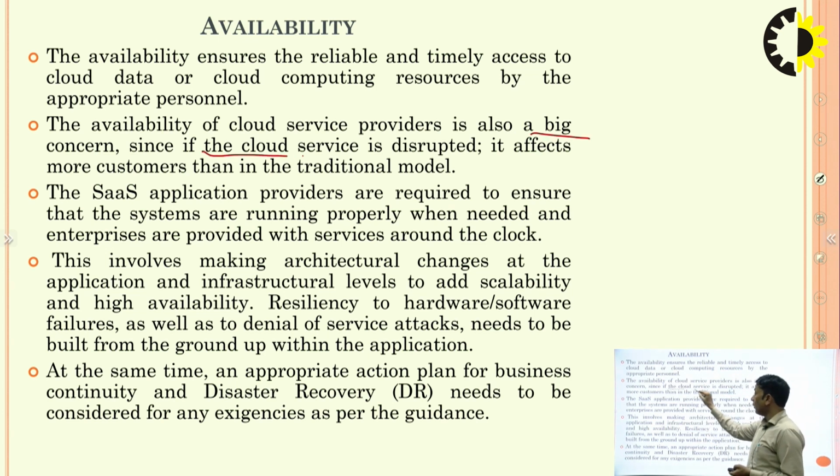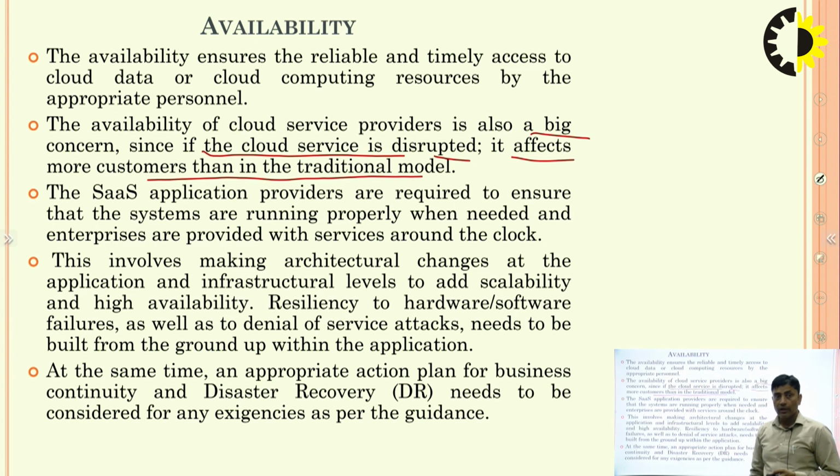Because if the cloud service is disrupted, it affects more customers than in the traditional model, because here multiple users, multiple consumers or customers are using the same physical devices through the cloud model. That means when that physical device is compromised, then all the users accessing the same machine will be affected.